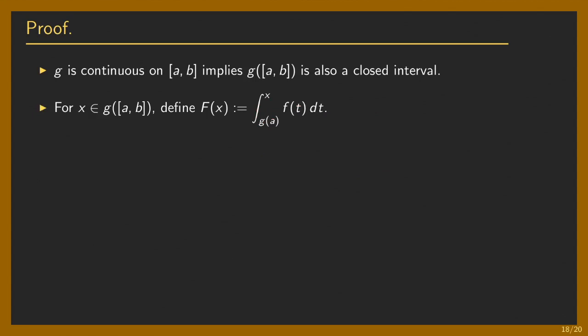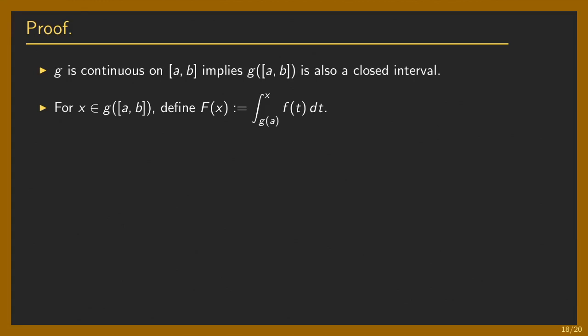For each x now, in the image of [a,b] under g, which is also an interval, we can now define this. Now, take note, this is well defined kasi nga yung image ng [a,b] under g is also an interval. You can integrate from g of a to any point x in that interval. You can integrate f, kasi si f is continuous on the range of g.